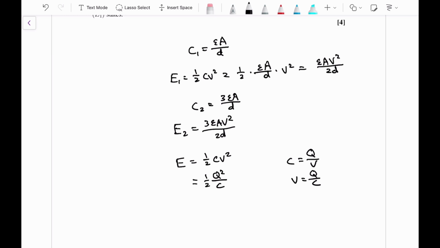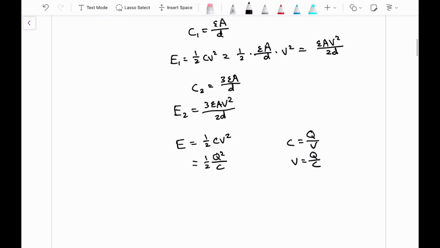Okay, so we can apply this equation to the change from the second condition to the third condition. Now we need to express E2 in terms of this equation.